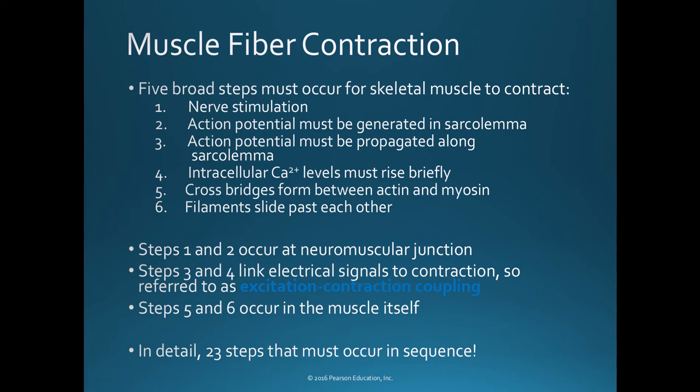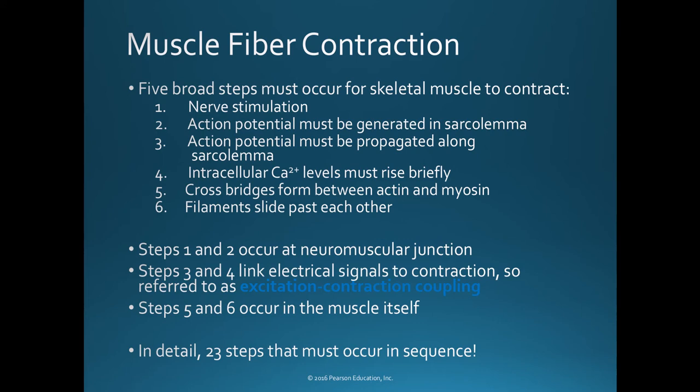So steps 1 and 2, nerve stimulation and action potential generation in the muscle, take place at the neuromuscular junction, where the nervous system connects to the muscle. Steps 3 and 4, the propagation of the action potential and the increase in calcium levels, is what we refer to as excitation contraction coupling, because it links the electrical events, excitation, to the mechanical events, the actual contraction.